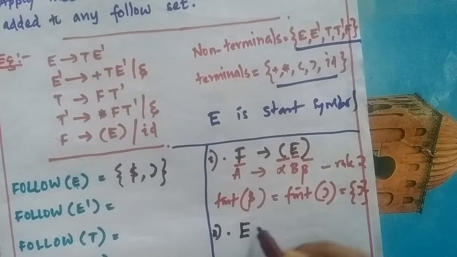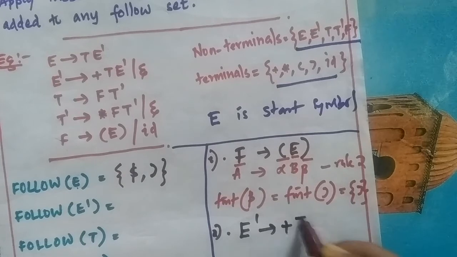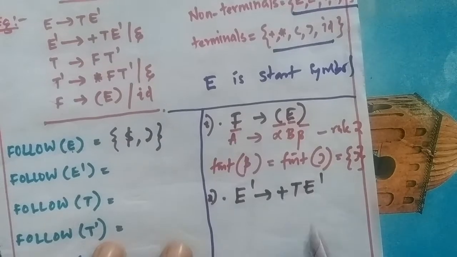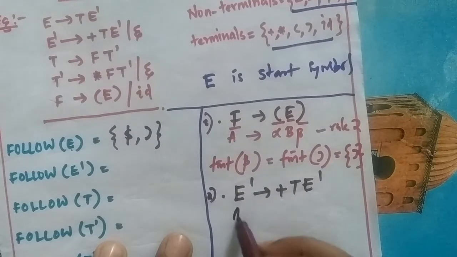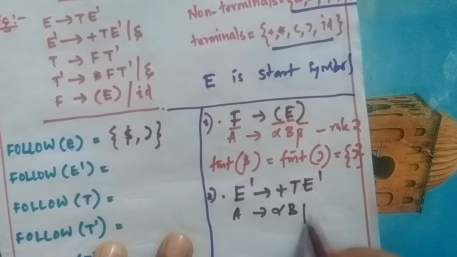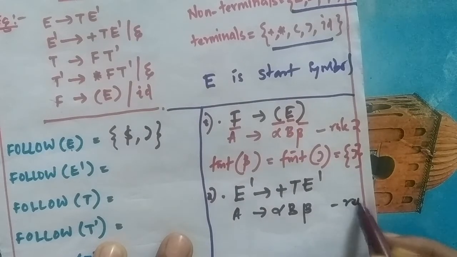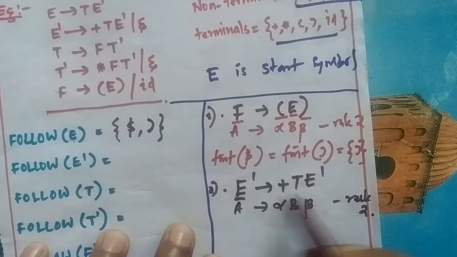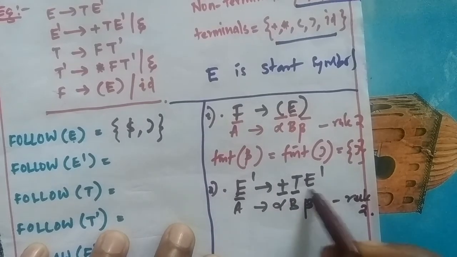Let us see, E dash gives plus T E dash. Here this is of the form A gives alpha B beta, and I will apply rule 2. So this is A, this is alpha, this is B, this is beta.